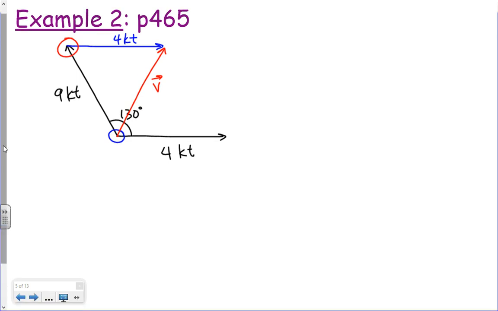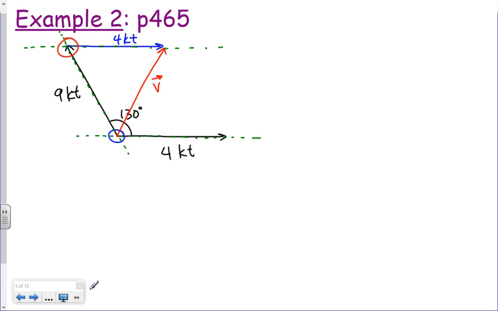I'm just going to draw this as a dotted line here. Realize that this line right here, that vector right there, and since I translated it, this vector up here is parallel to that vector that I have down below. Those two green lines or dashed lines are parallel to each other. This right here, which is the speed of my boat, which was 9 knots, or a ship, whatever it is, is a transversal cutting through those two parallel lines.